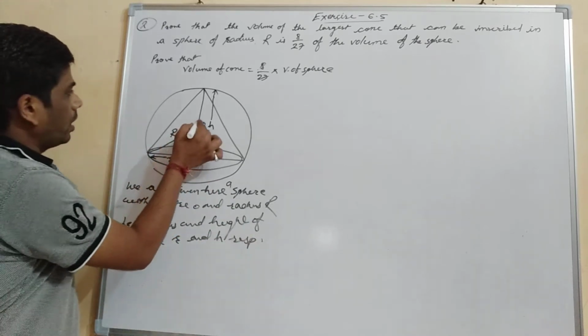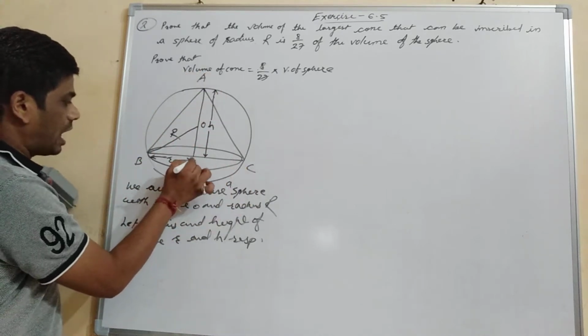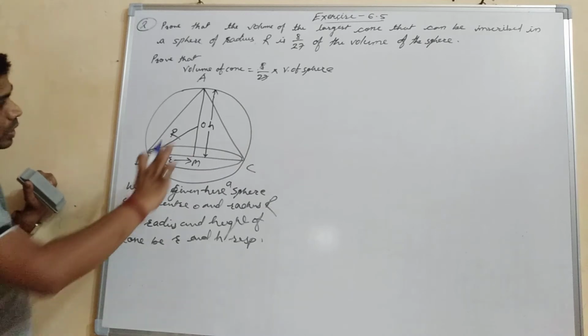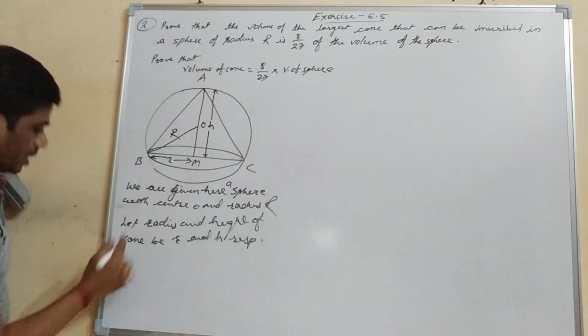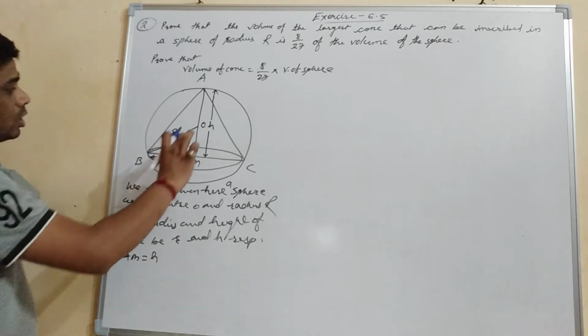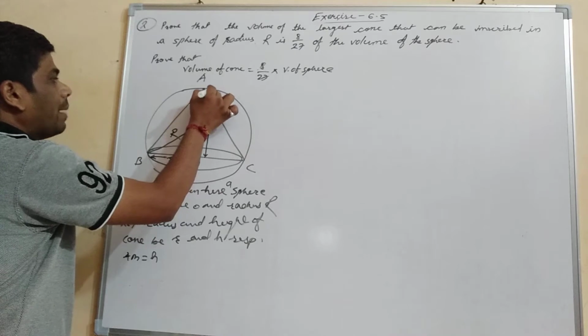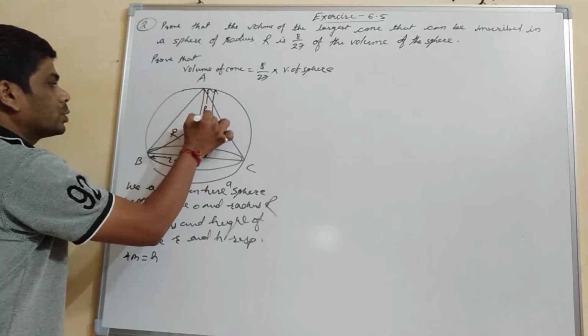So this will be, suppose it is A, B, C and this is M. So you know that AM equal to h, which means you can find OM because AO is also the capital R, radius of a sphere.